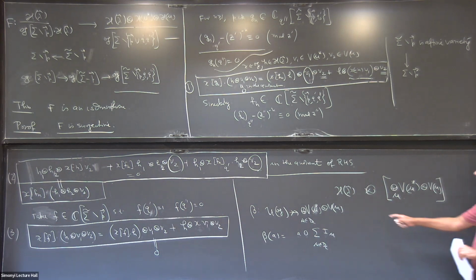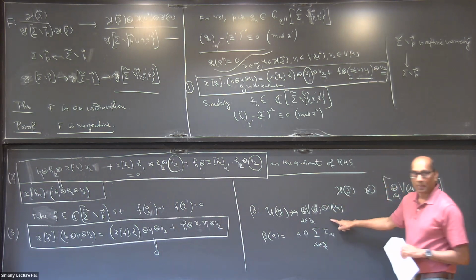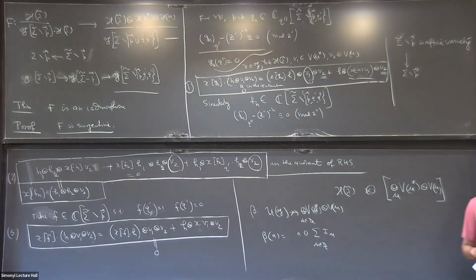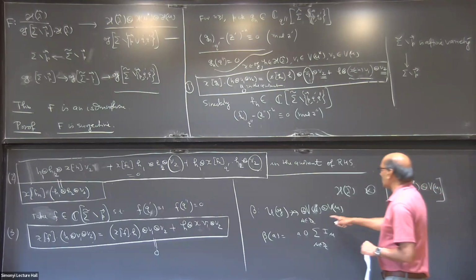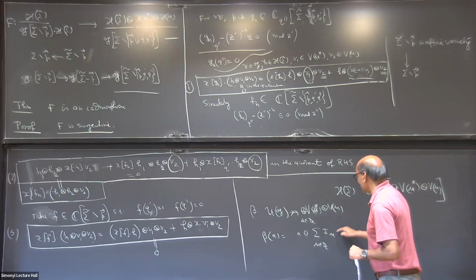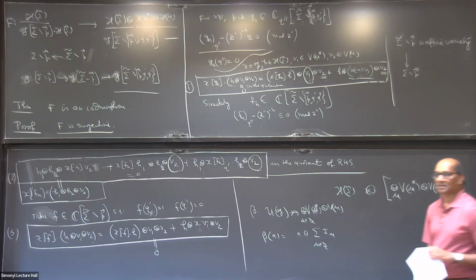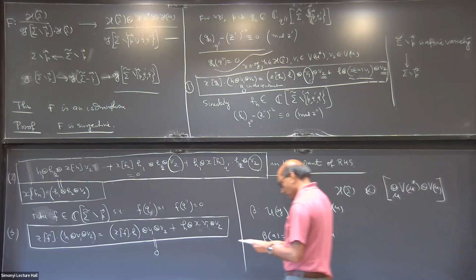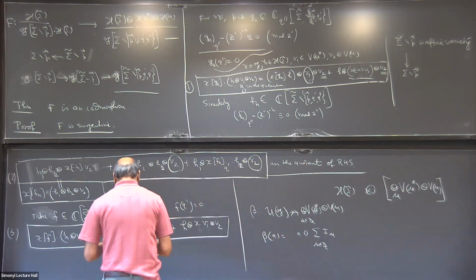As a G cross G module, this is irreducible, and not only that, the different pieces all have multiplicity 1. And the image clearly contains this vector, which is spread everywhere. So this might be surjective. Right? Okay.